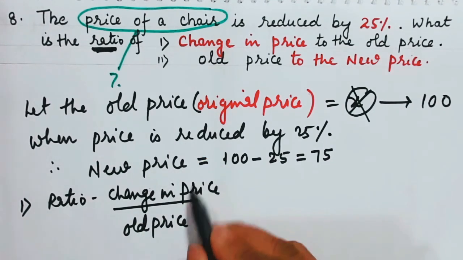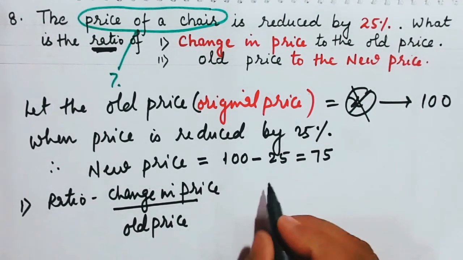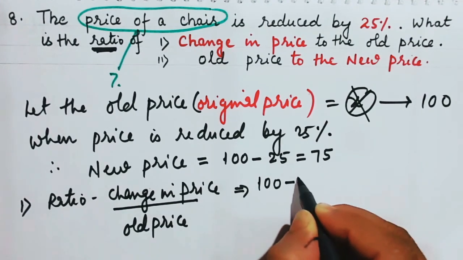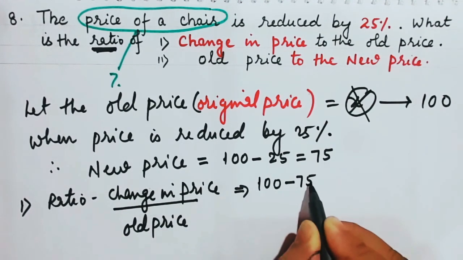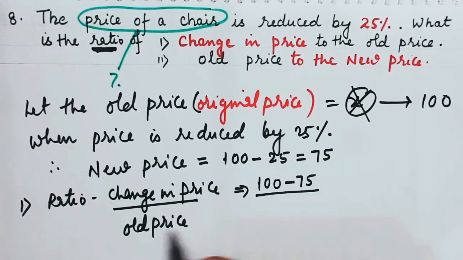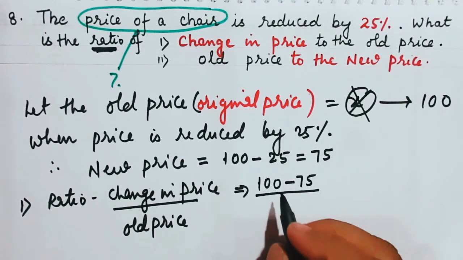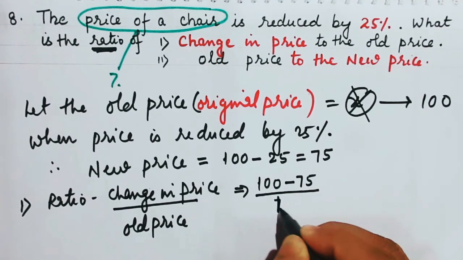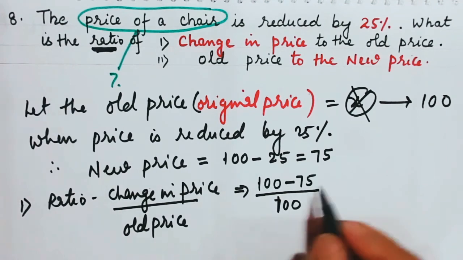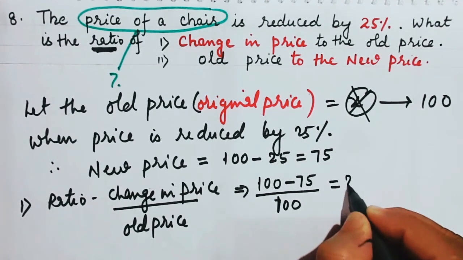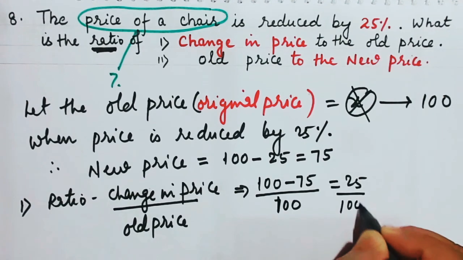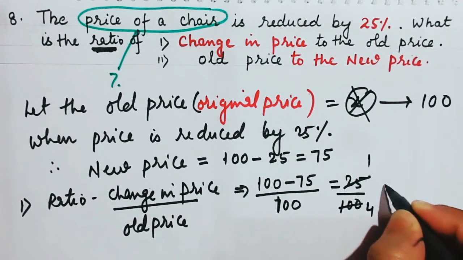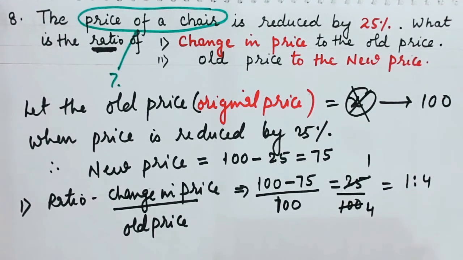So naturally the change in price means your old price was rupees 100 and your new price was 75. So this is the change in price. By old price was how much? Sorry, old price was 100. Let's subtract this. So we will get 25 by 100. So 25 by 100 will give you 1 by 4, which is 1:4.